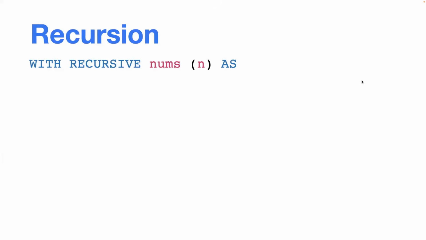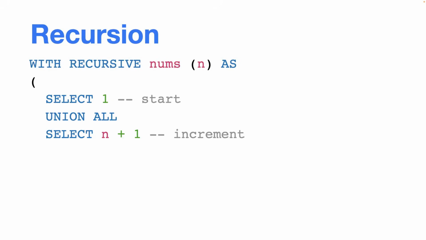So all we do is we say WITH RECURSIVE, we give the common table expression a name. We give the column a name if required. We don't have to. Then inside the brackets, we first have a start query, SELECT 1. Then we say UNION ALL. Here we can also say UNION DISTINCT if we want to remove any duplicate rows, but UNION ALL is fine here. And then we say SELECT n + 1.